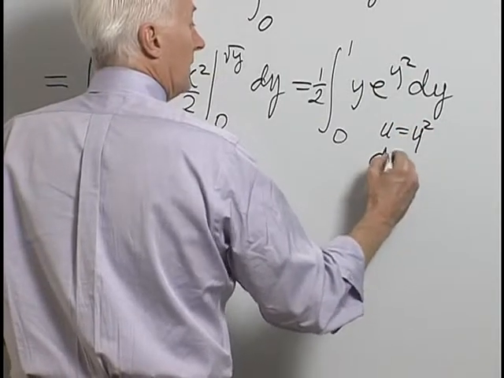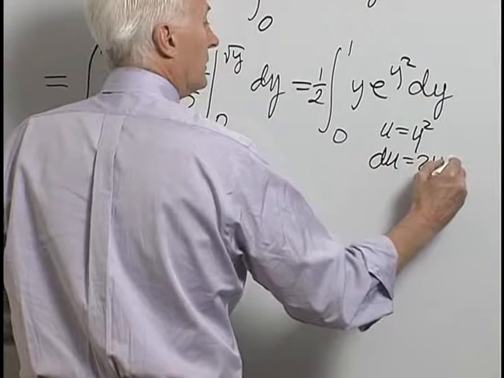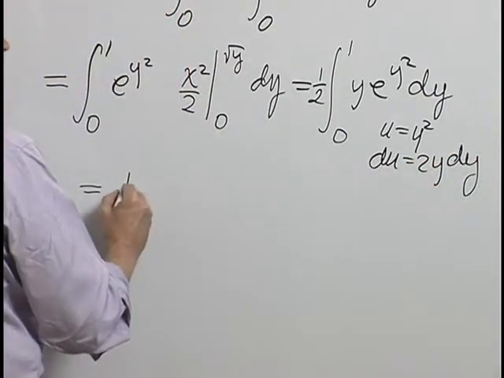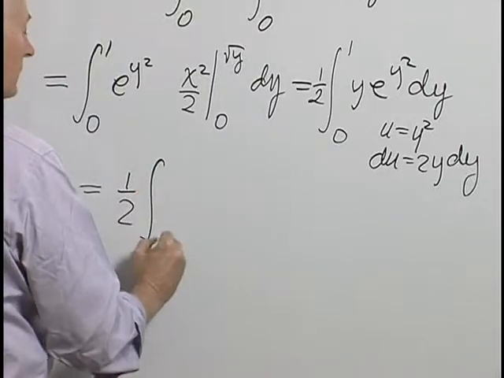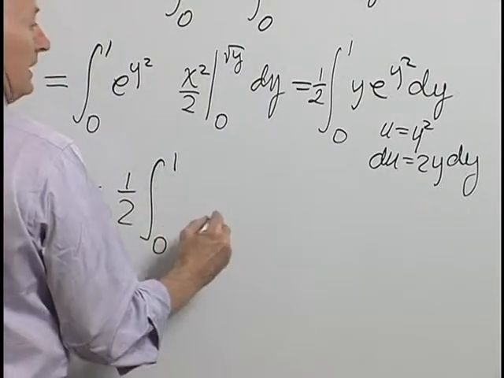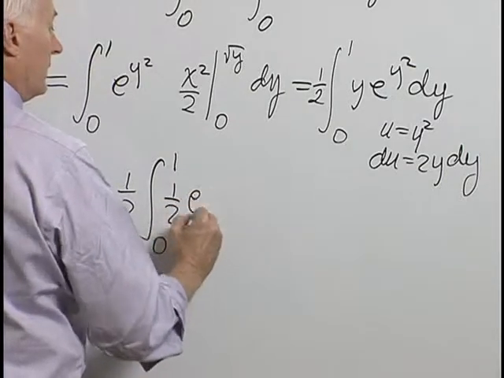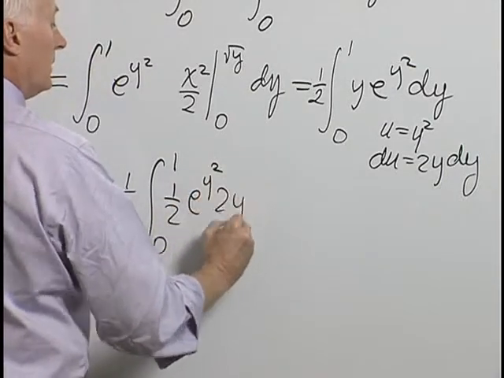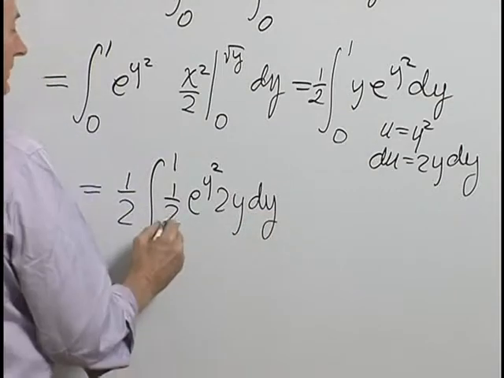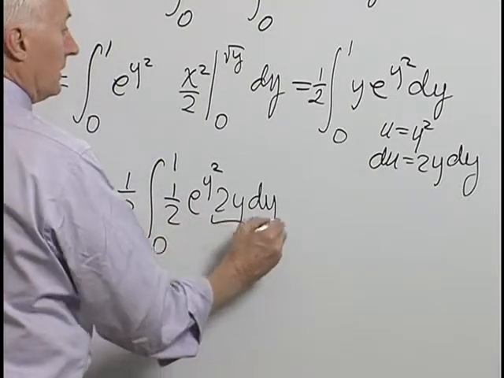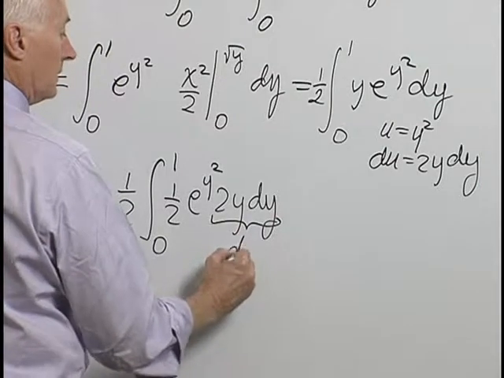Then in that case, du is 2y dy. So we have 1/2 integral 0 to 1, and we need a 2y inside, and so we'll put 1/2 e to the y squared 2y dy. So these 2's cancel inside. And now here is du.